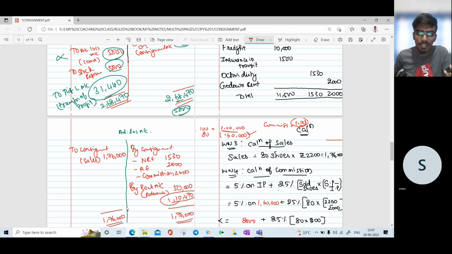1,10,470 இருக்கு. There are two ways of assumption. If the question is silent, there are two ways of assumption. Assuming the final amount has been received from Adidas and Co, I can write that as my assumption. Otherwise, I can write that the final amount has not been received.